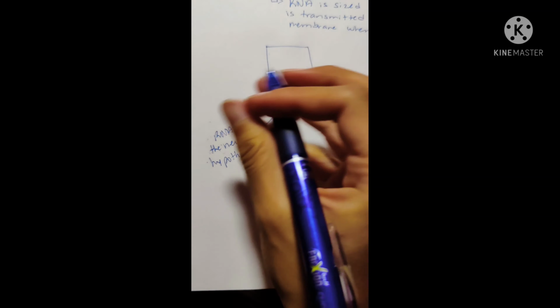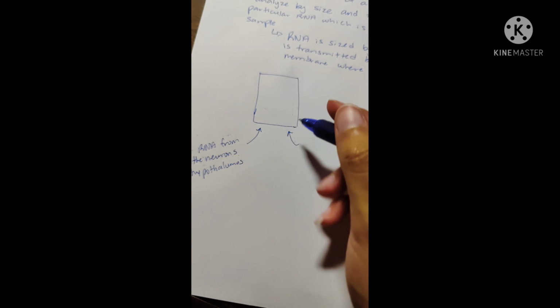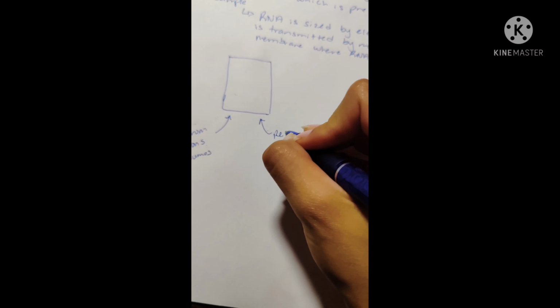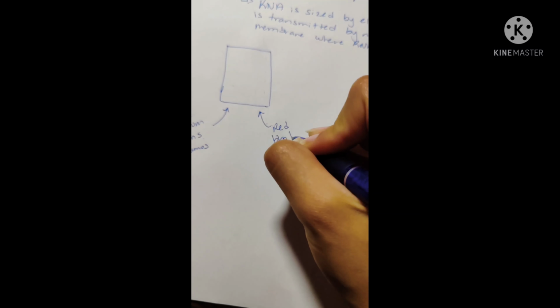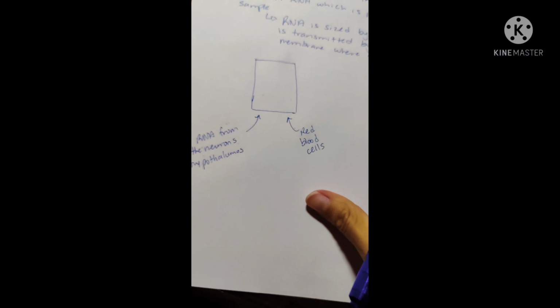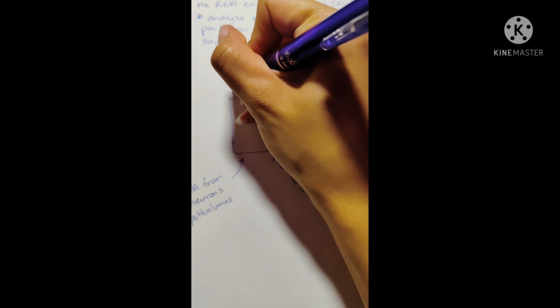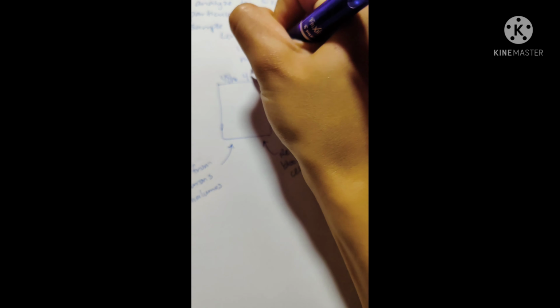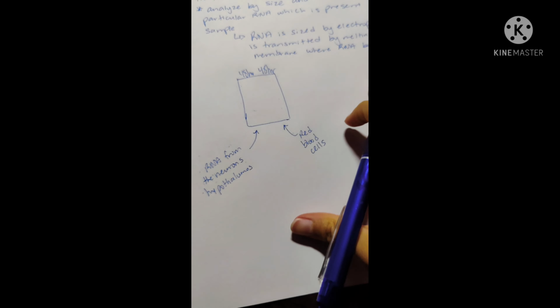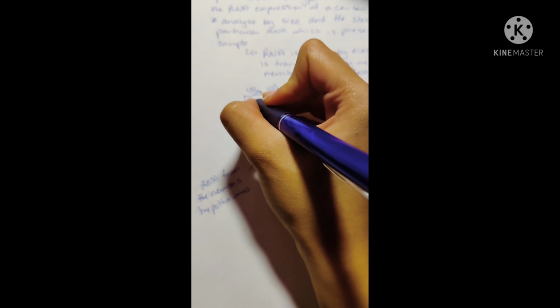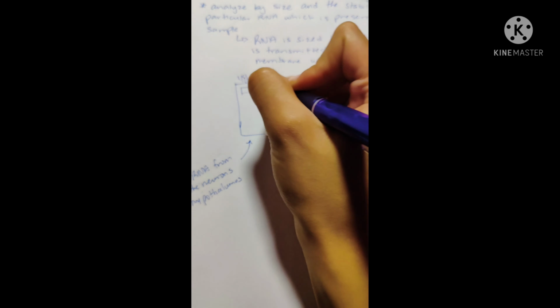And I probably spelled that wrong, but okay. And this side here would represent the red blood cells. The time frame that we'll be looking at is 48 hours. Pretty much we would have our mark right here.